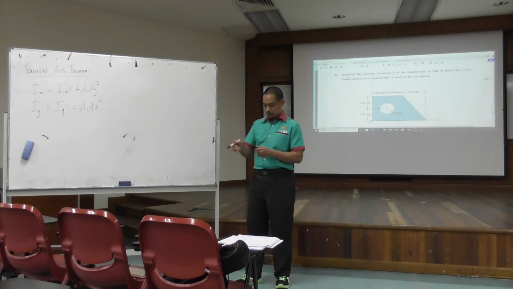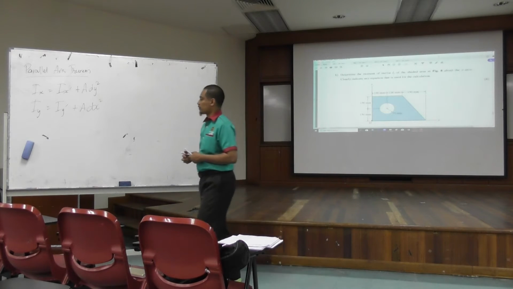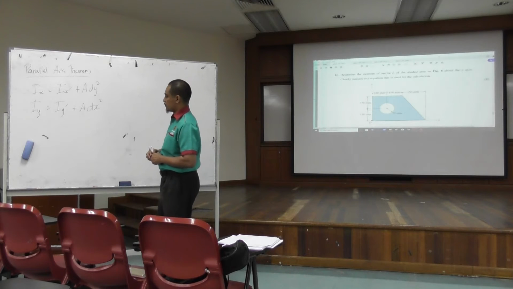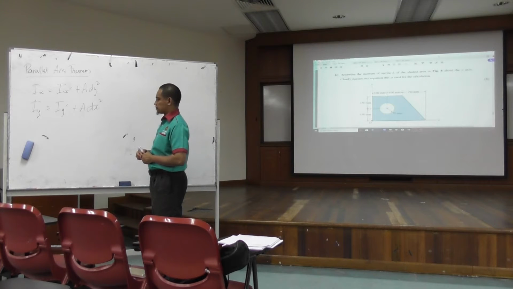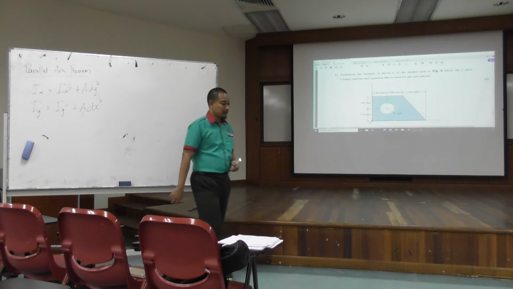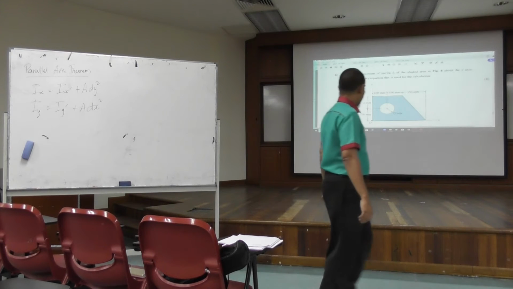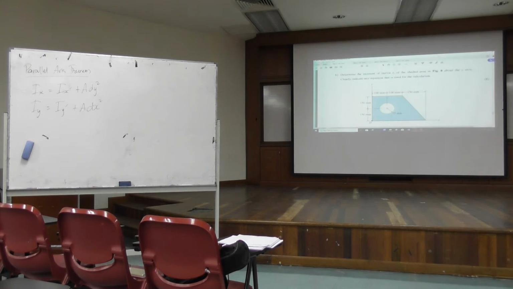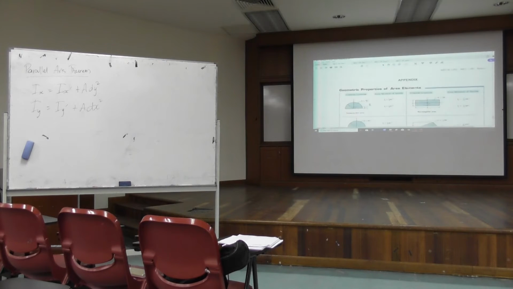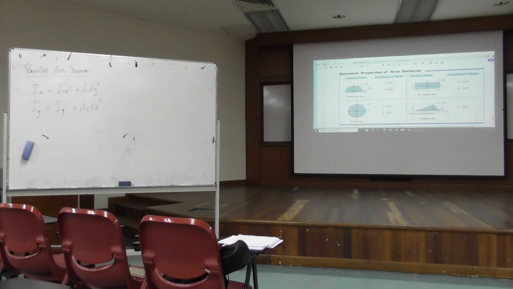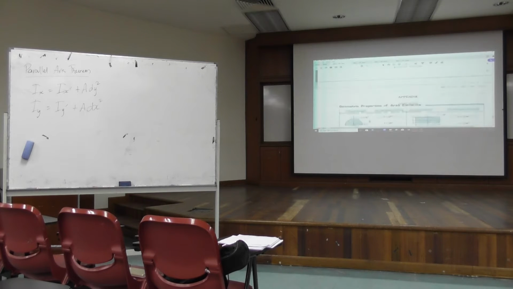Basically that's the two equations that mainly we will be dealing with, on top of the equation that you can find in the table, right? For example, in this kind of question, they will be giving you this table at the bottom here, and you need to know how to use the table for the moment of inertia, right?